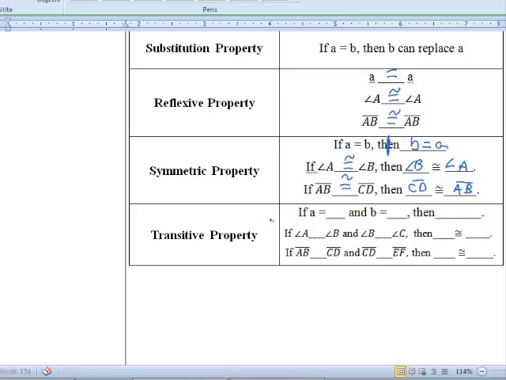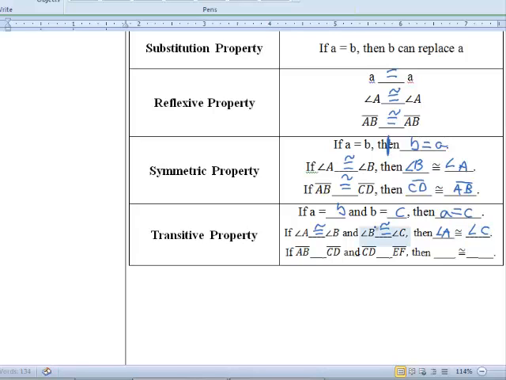The transitive property, I can transition from one to the next. If A is equal to B and B is equal to C, then I can get rid of this middleman here. B is happening twice. So I can get rid of the middleman and just say that A is equal to C. I can jump over. All right, and then with angles, if angle A is congruent to angle B, and angle B is congruent to angle C, I can just make a jump and say then angle A is congruent to angle C. Get rid of the middleman.